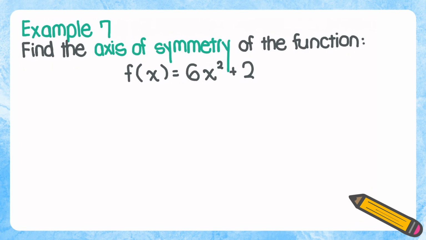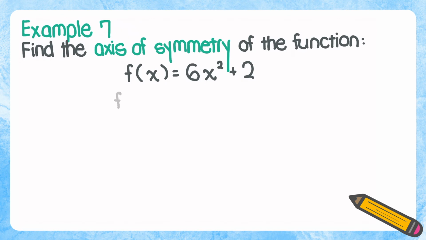Here we have the function f of x equals 6x squared plus 2. What's our axis of symmetry? First, let's write the general vertex form.